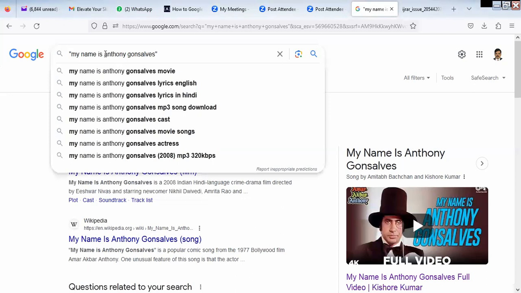I know a particular line, but I don't know the starting stanza of that particular poem or song. In that way we search like this.